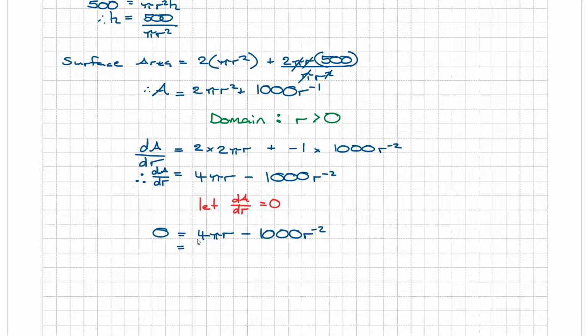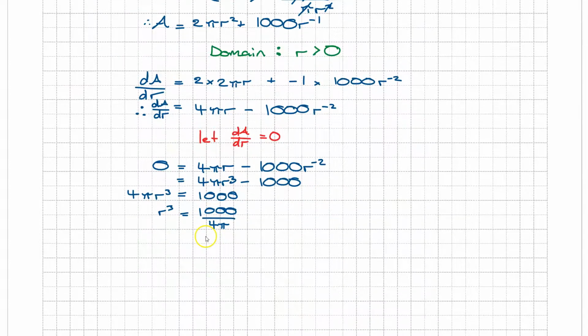So we get 4 pi r cubed minus 1000. Rearranging, 4 pi r cubed equals 1000, and r cubed will equal 1000 divided by 4 pi. Moving down, r will be the cube root of 1000 divided by 4 pi.